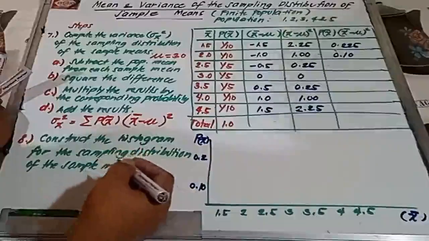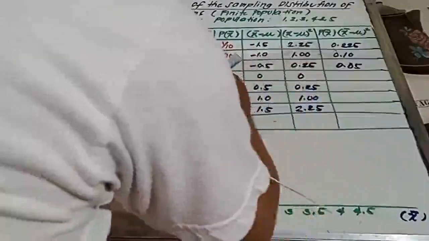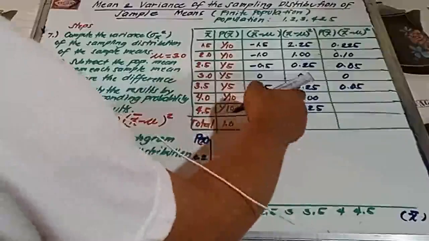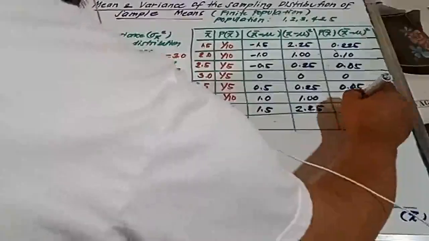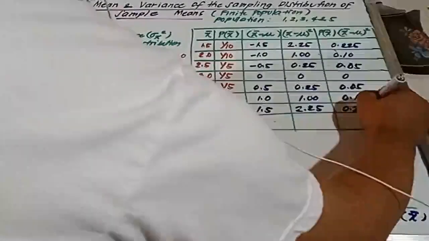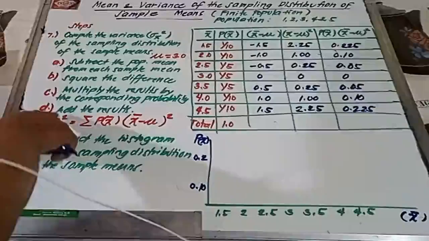That is equal to 0.05. So 1 over 5 times 0 is 0. 1 over 5 times 0.25 is 0.05. 1 over 10 times 1 is 0.10. And then 1 over 10 times 2.25 is 0.225.